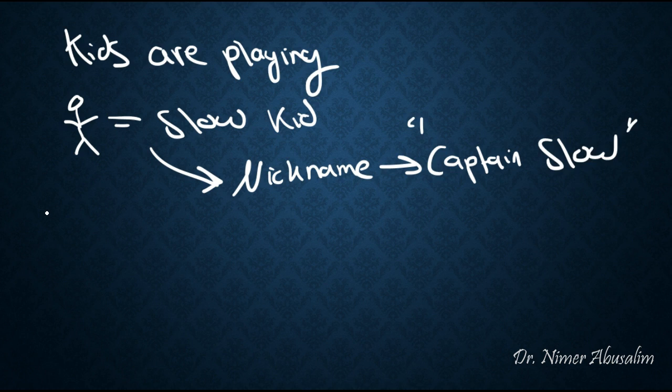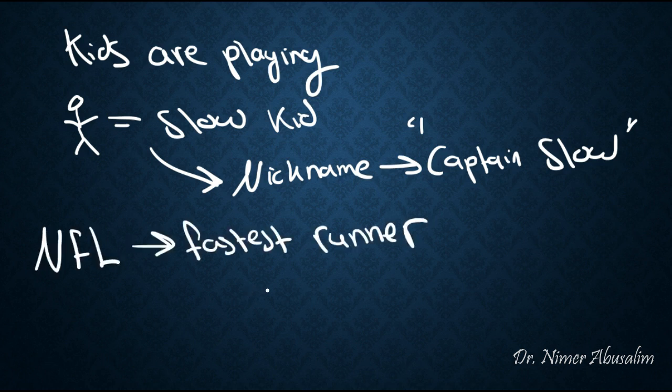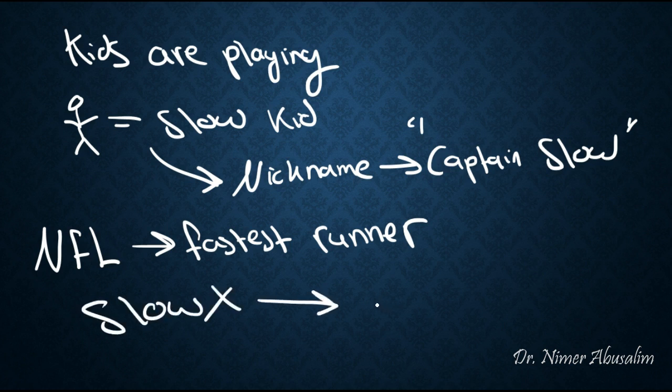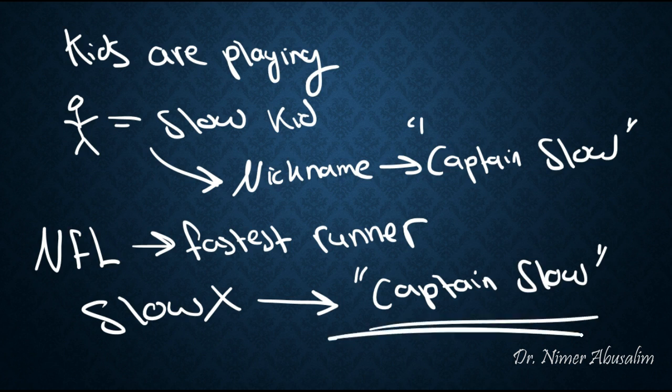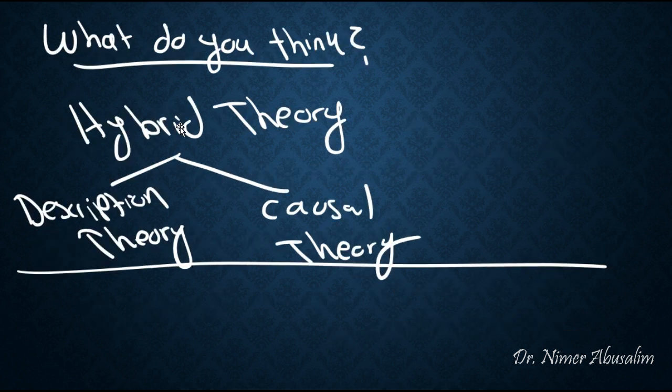The years go by, Captain Slow graduates from high school, but now Captain Slow is in the NFL and is the fastest runner there. Captain Slow is no longer slow, but now his friends meet up with him 10 years later, and the first time they see him they say, "Hello, Captain Slow." Think about this situation and try to see if you can come up with a hybrid theory.